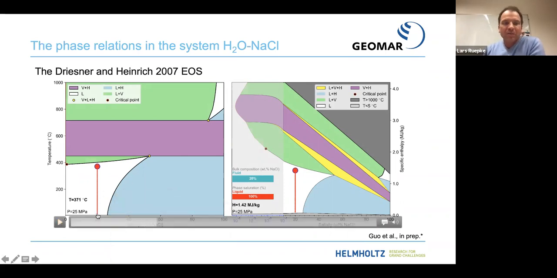So what happens is we start here with a fluid that's in the single phase regime, and then we increase energy. And with this increase in energy, temperature is rising. Now we are about to hit that phase field. That's the liquid plus vapor field.